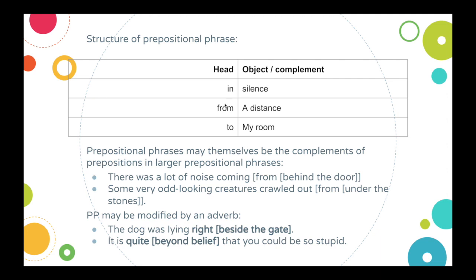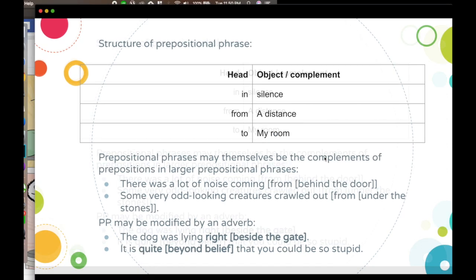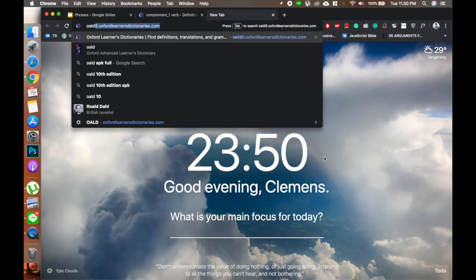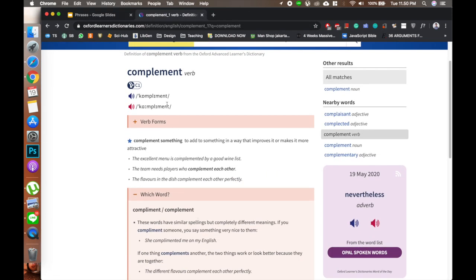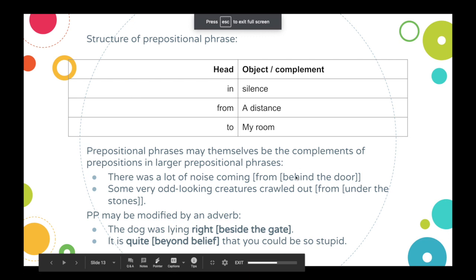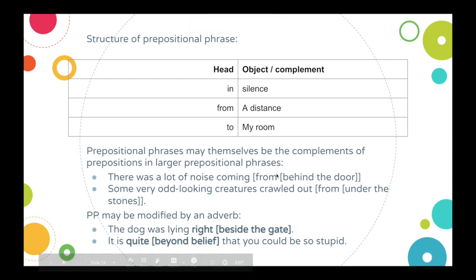Now prepositional phrases may be the complements of prepositions in larger prepositional phrases.